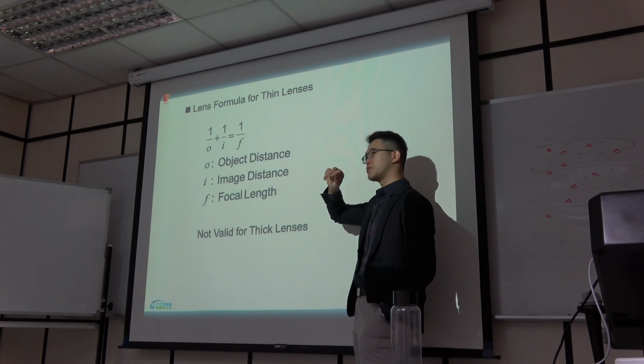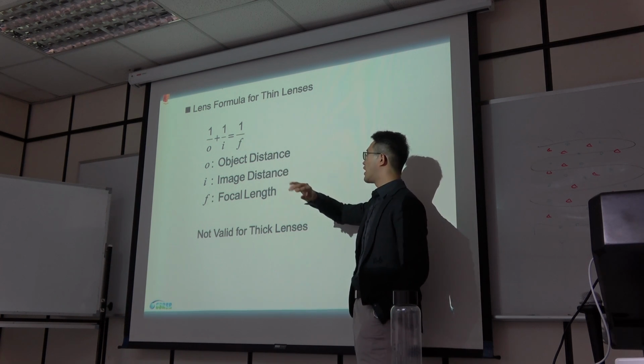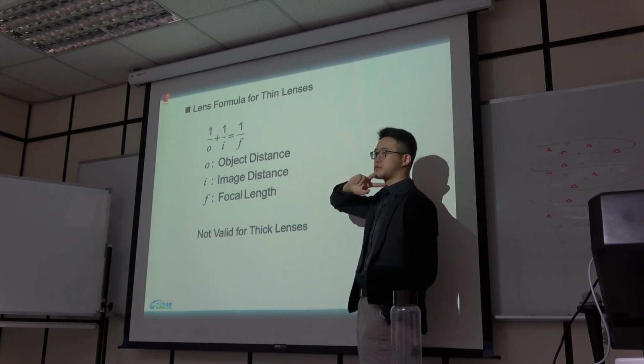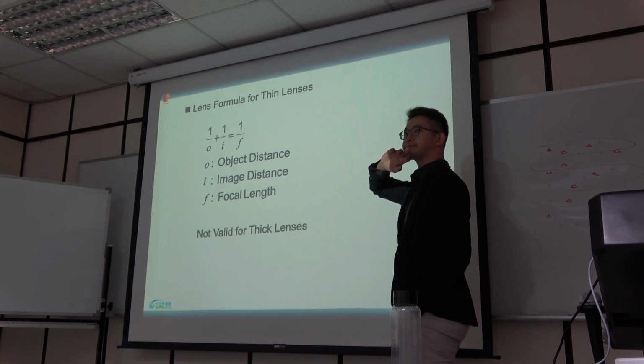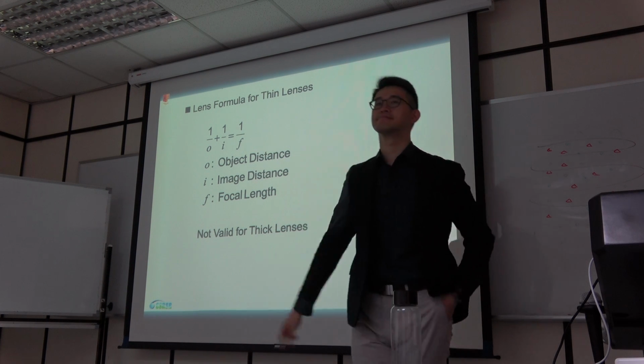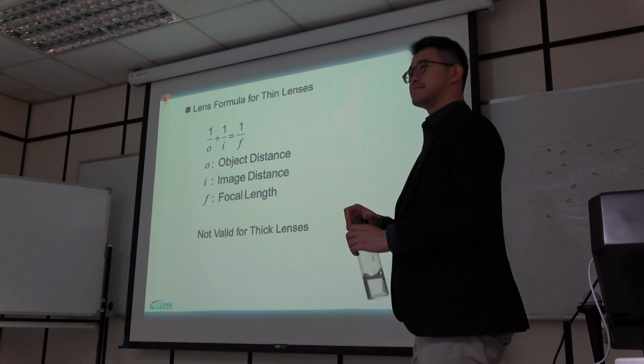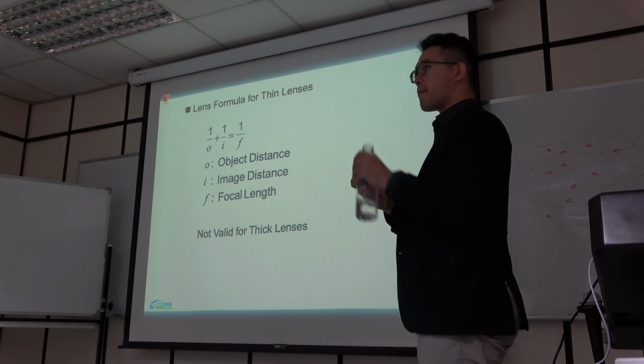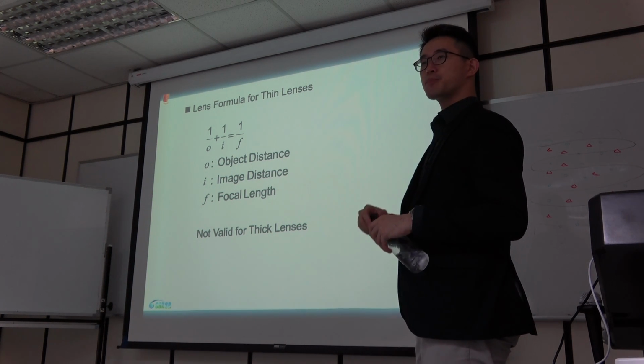For the satellite camera, we usually set the image distance as the focal length. What's the reason for that?